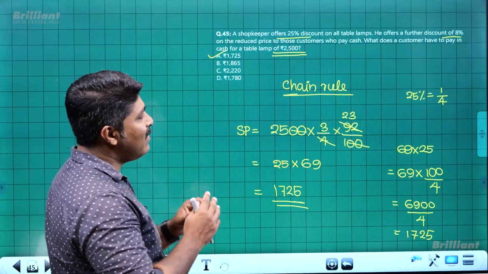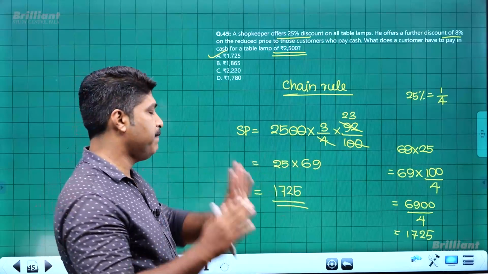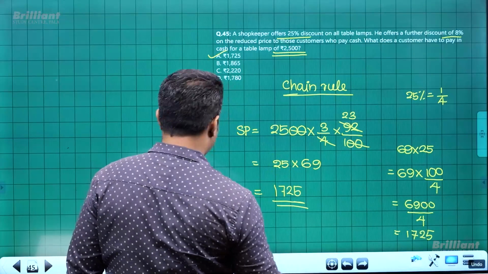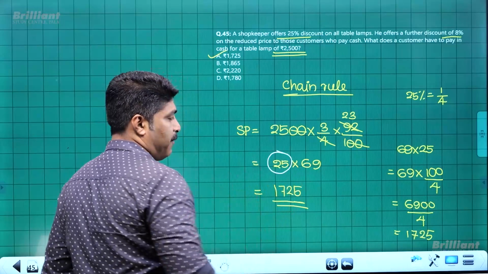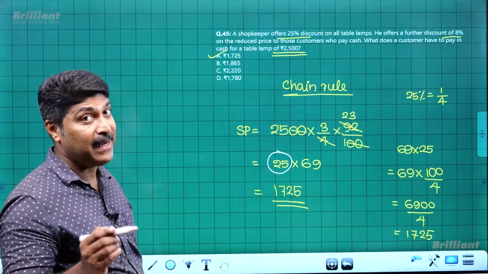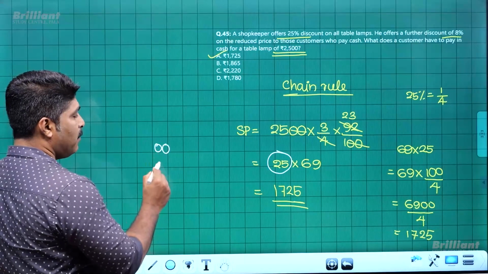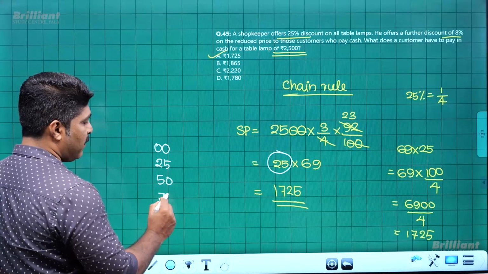So there is another very interesting conclusion. Such a question, instead of doing these entire steps, you just observe it. This is a multiple of 25, right? It's a multiple of 25. So in which way will a multiple of 25 end? A multiple of 25 will end in either 00, 25, 50 or 75.